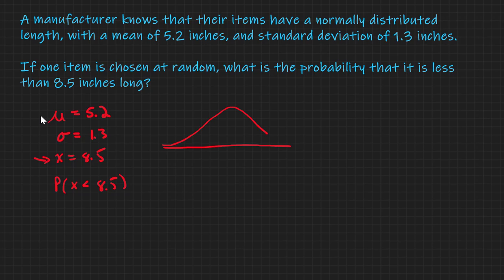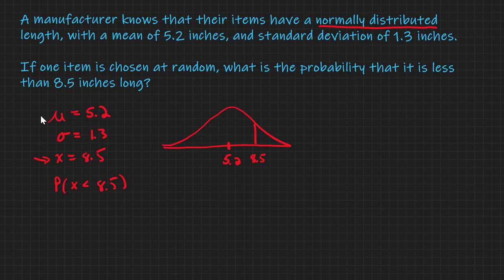So I have my normal curve. Oh, and this is important. This is normally distributed. Because of that, we know we have a normal distribution, and we can use the Excel norm.dist function. But we're going to sketch things first. So my mean is 5.2. And I'm just going to roughly estimate where my 8.5 is. We know it's greater than the 5.2.